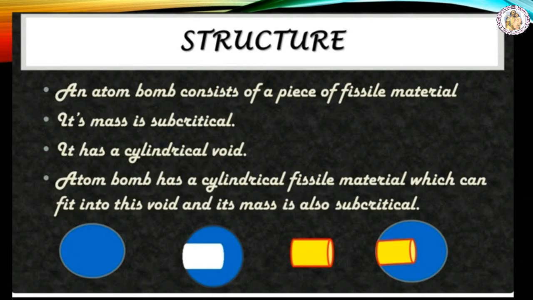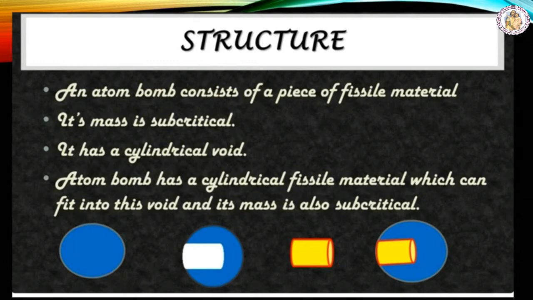When the bomb has to be exploded, the cylinder is injected into the void using a conventional explosive. So when you want to explode this bomb, you insert this fissile material. Now the two pieces of fissile material join to form the supercritical mass.